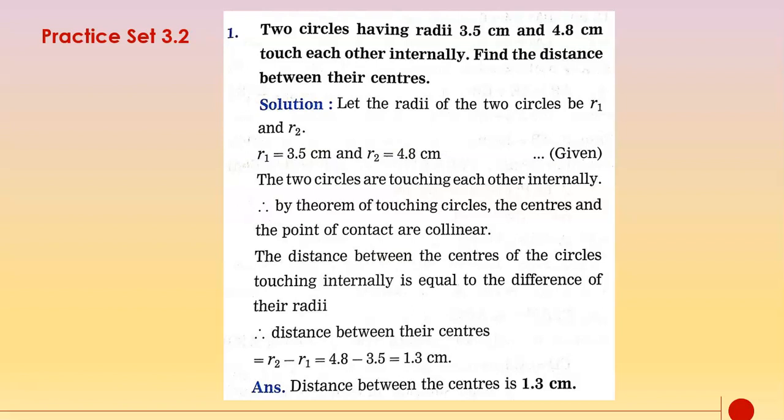The distance between the centers of the circles touching internally is equal to the difference of their radii. Therefore, the distance between their centers is equal to R2 minus R1, which is 4.8 minus 3.5. The answer is 1.3 centimeters.